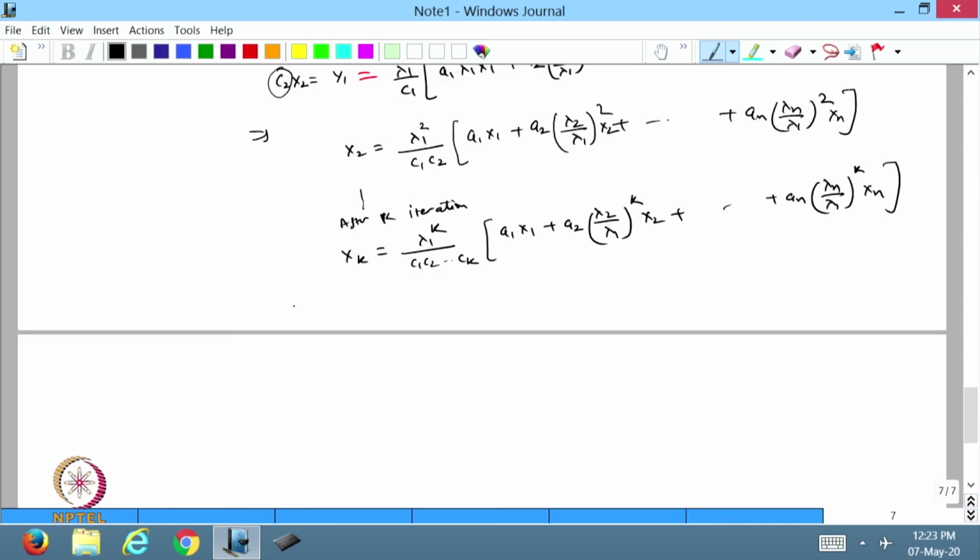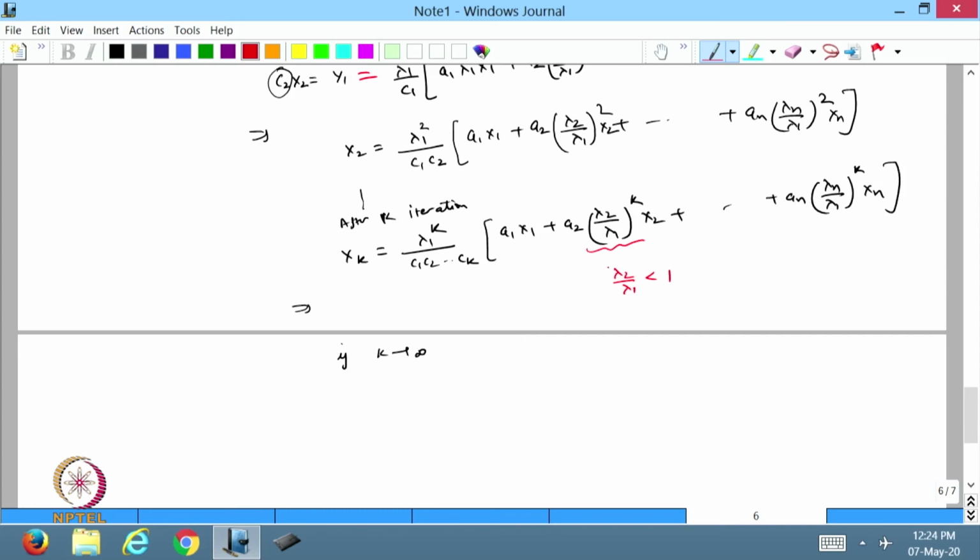Now, if k tends to infinity, let us see what will happen. If you look at the factor lambda 2 over lambda 1, its magnitude is less than 1.